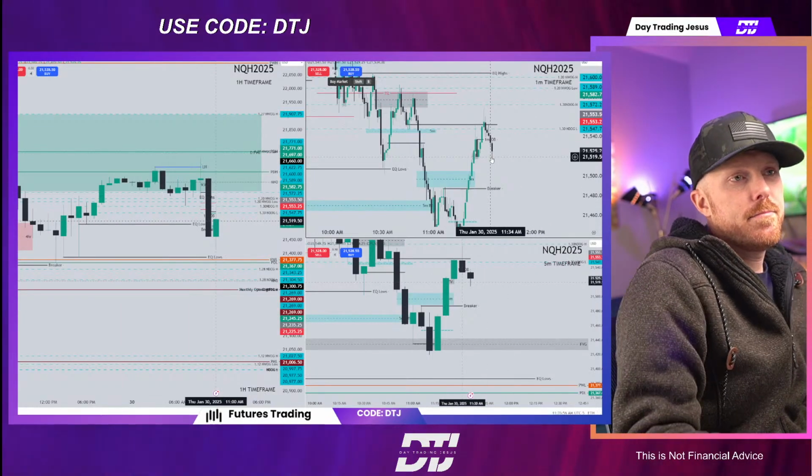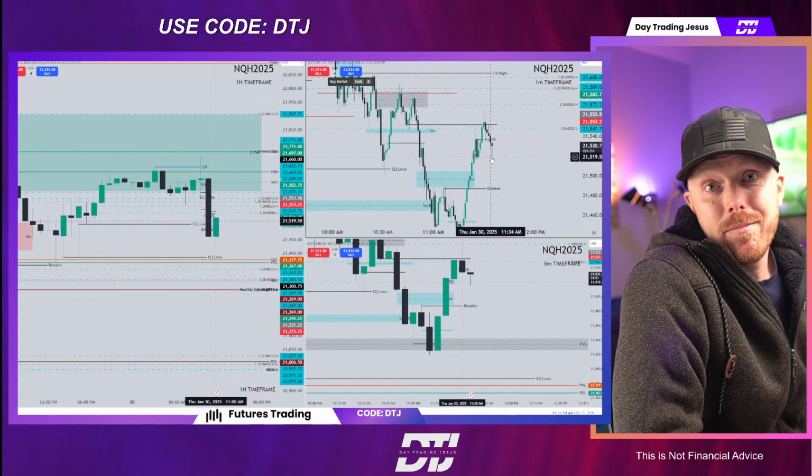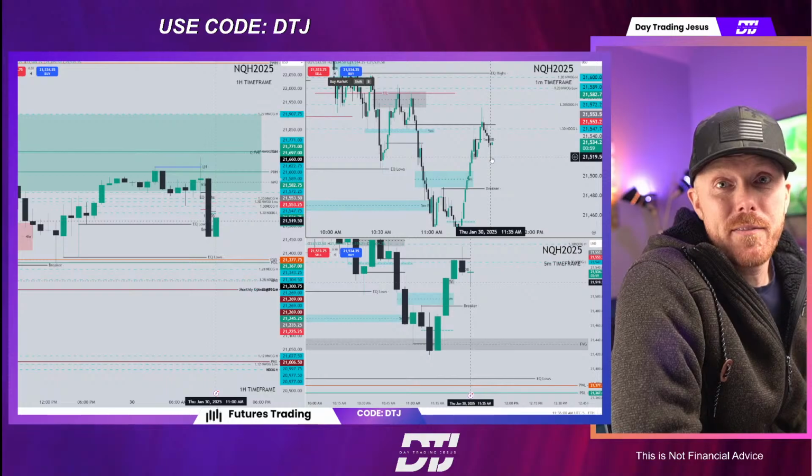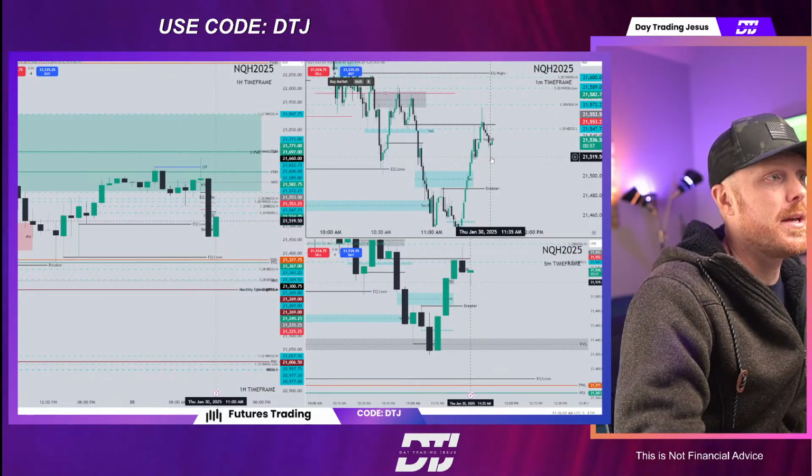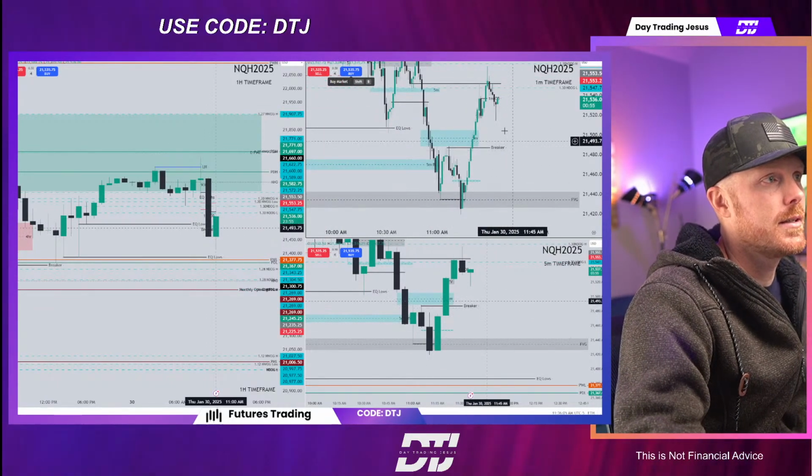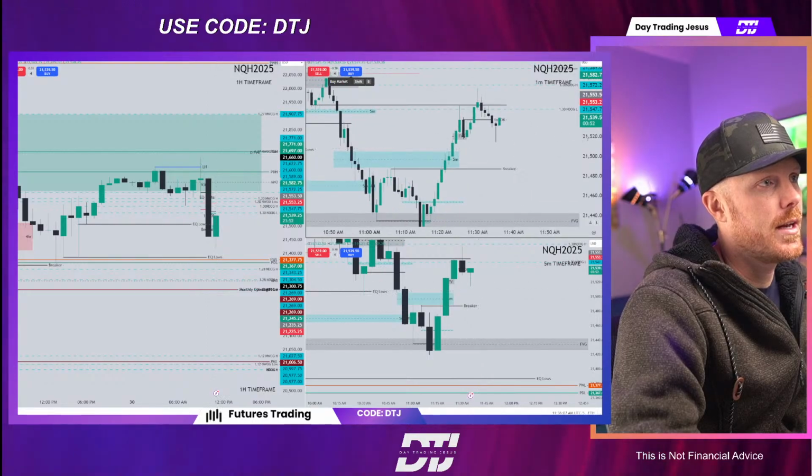Guys, I think that's it. I feel like I've been calling it wrong all day. We took 2 trades based on momentum that I liked. Oh, don't tell me it's going to do that now.